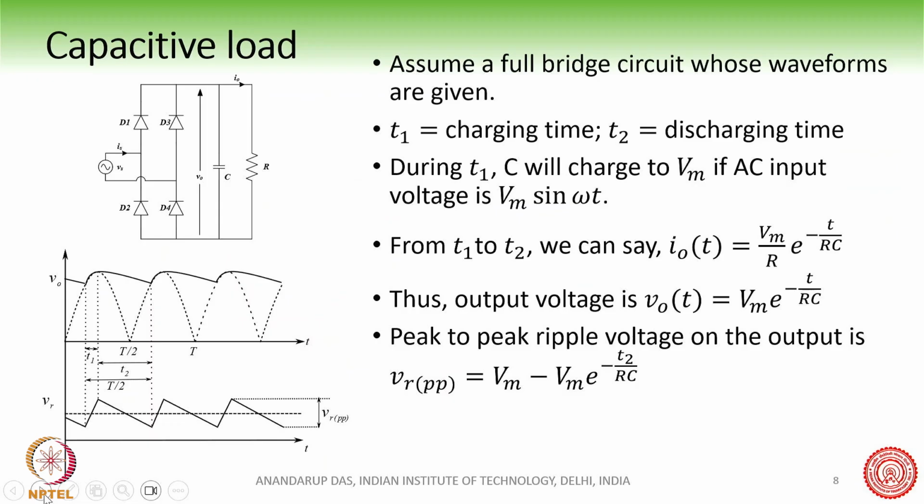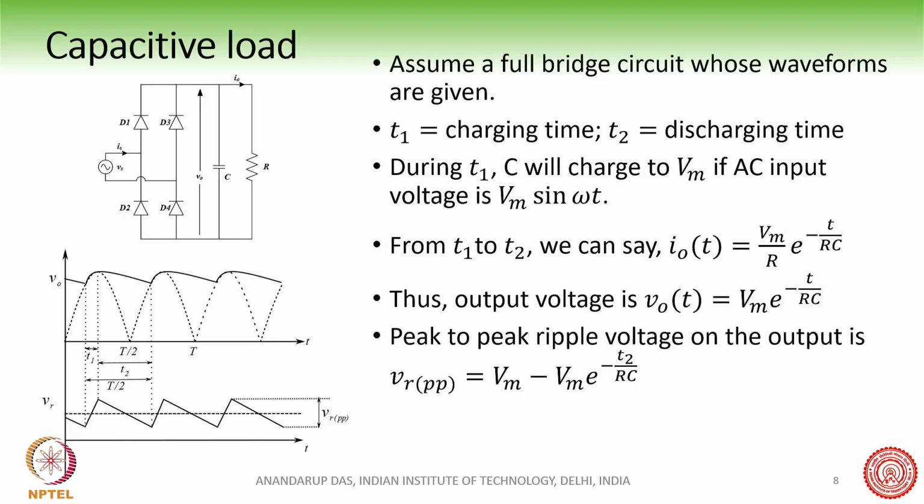This is shown here. You can see here the output voltage, and we can actually find out mathematically how much is the peak to peak ripple voltage on the output.